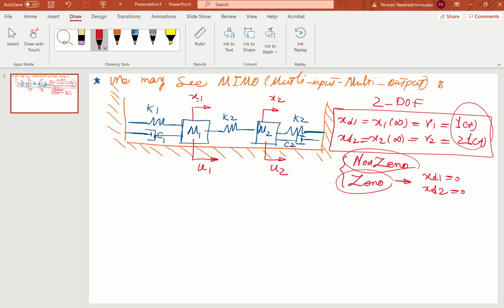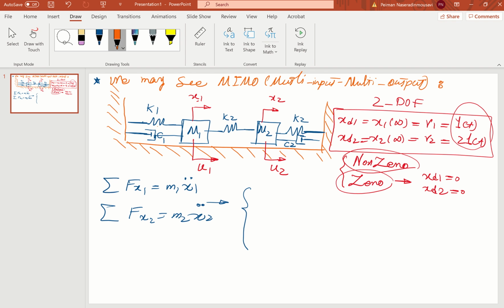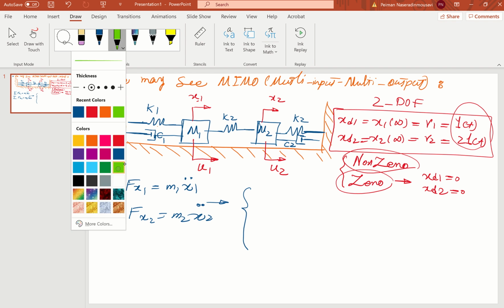Understand? So what we're going to do from dynamics, we have to apply Newton's second law. Sum of the forces in x is equal to m1 x double dot 1. Sum of the forces in x for mass 2 is m2 x double dot 2. Obviously from here, if you plot the free body diagram, I'm going to do that with another color.